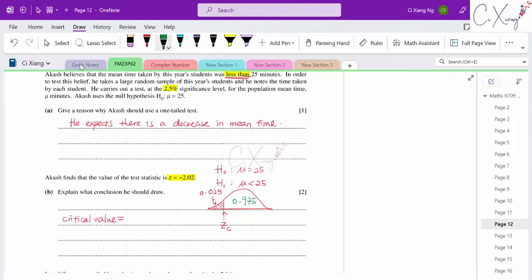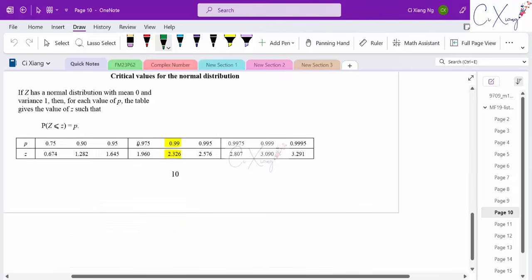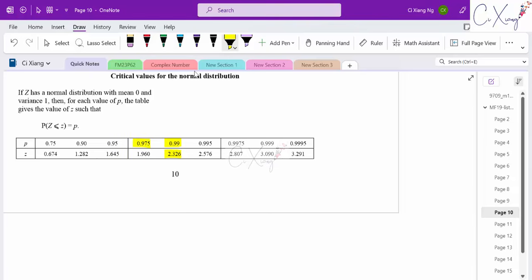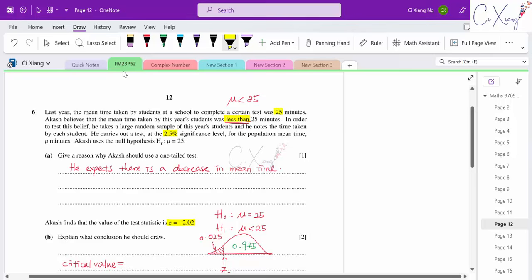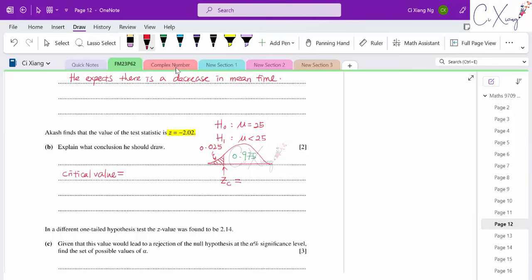So if you go to the table, scroll down and look for 0.975, there's a shortcut value here. So for the probability of 0.975, the value of z should be 1.96. Going back to my question, that means the critical value here should be 1.96. But because according to the diagram the z value is on the left hand side, this value should be negative, where it becomes negative 1.96. So the critical value will be negative 1.96.